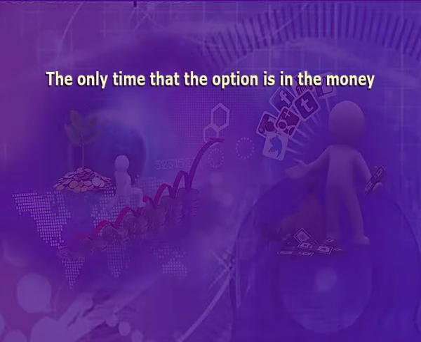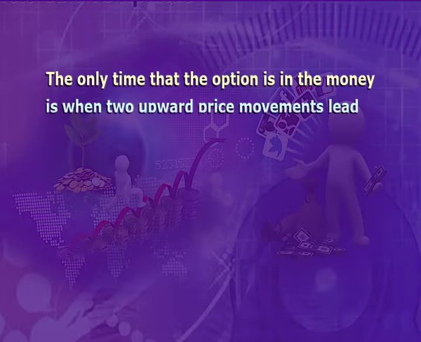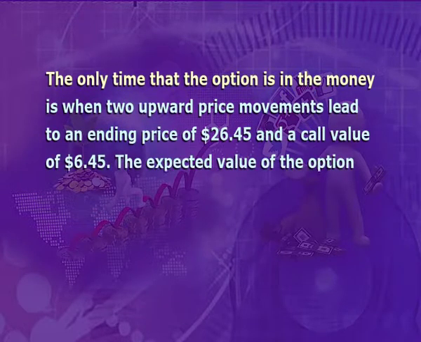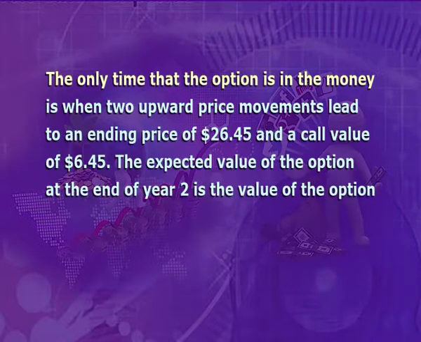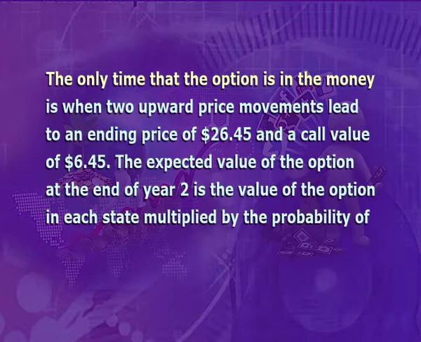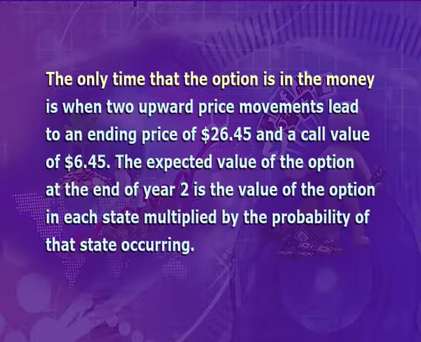Notice that the only time that the option is in the money is when two upward price movements lead to an ending price of $26.45 and a call value of $6.45. The expected value of the option at the end of year 2 is the value of the option in each state multiplied by the probability of that state occurring.